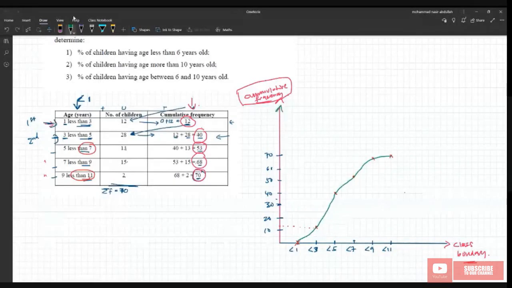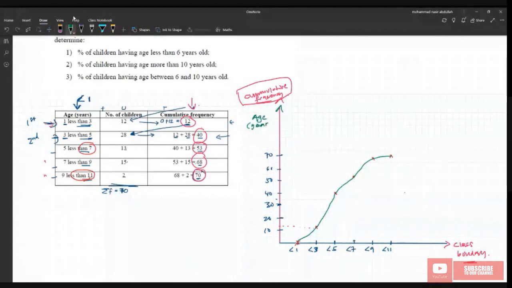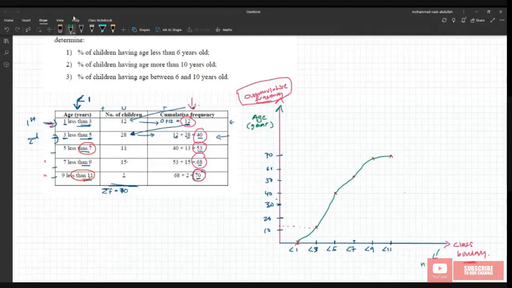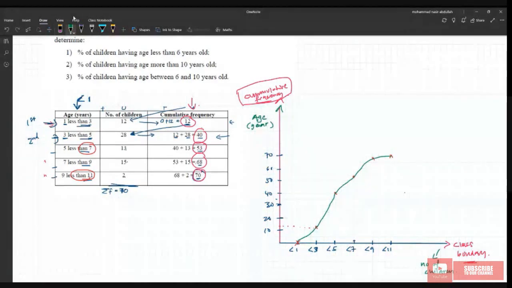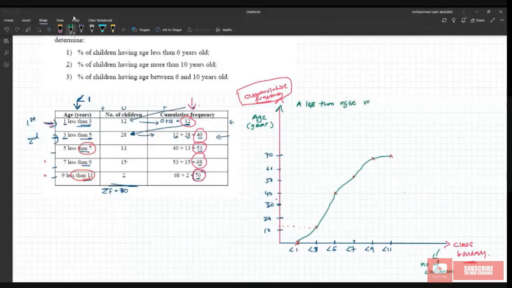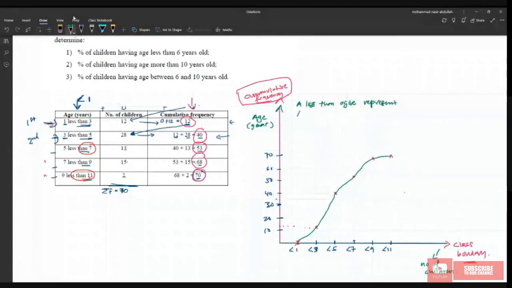So the x-axis represents age in years, and the y-axis represents cumulative frequency. The x-axis is the class boundary. And don't forget the title: a less than ogive representing age of children, right?